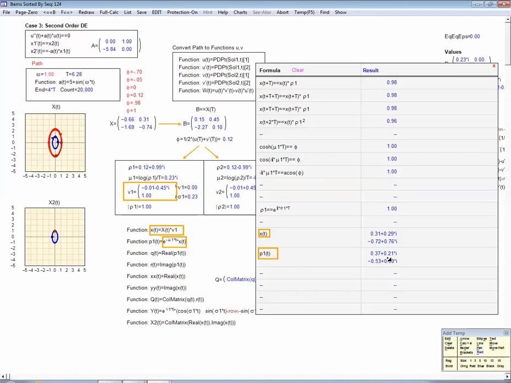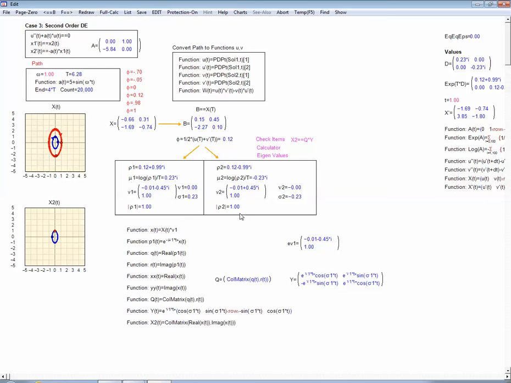So how do we come up with real solutions? Well, what's the obvious thing to do? The obvious thing to do is to take the real part of x, and we call that xx, and the imaginary part of x, call that yy.